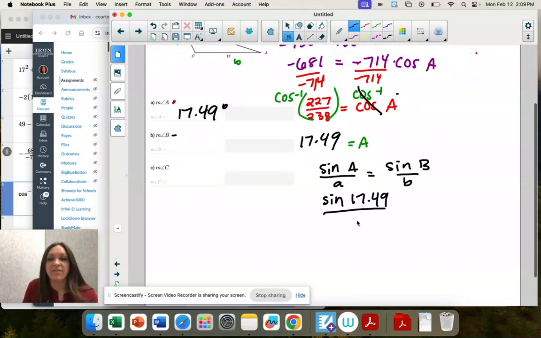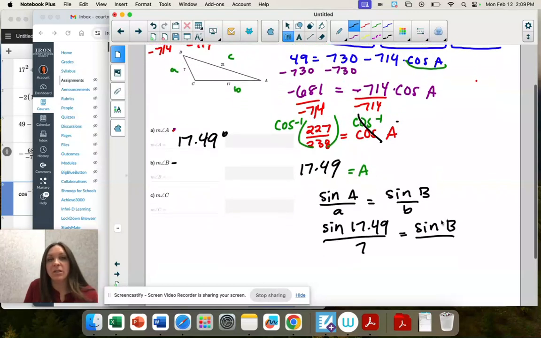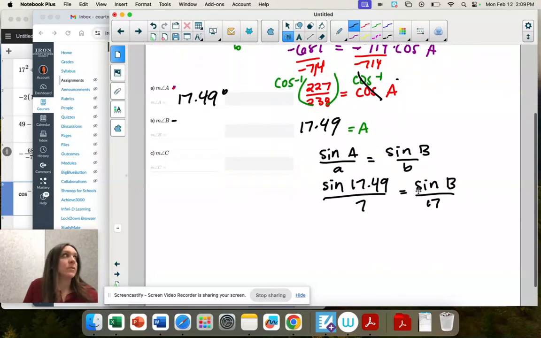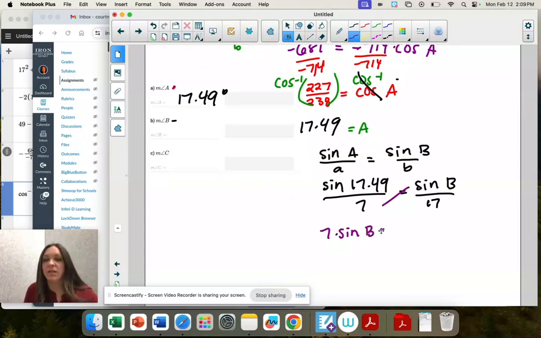Side A is 7. We're going to solve for angle B, and side B is 17. So let's cross multiply. 7 times sine B equals 17 times sine of 17.49.